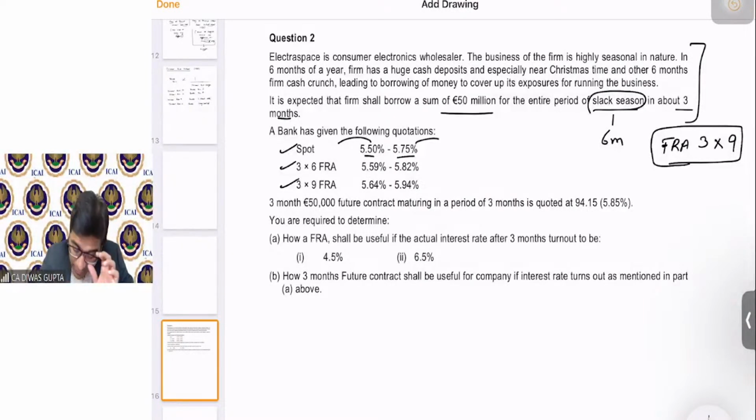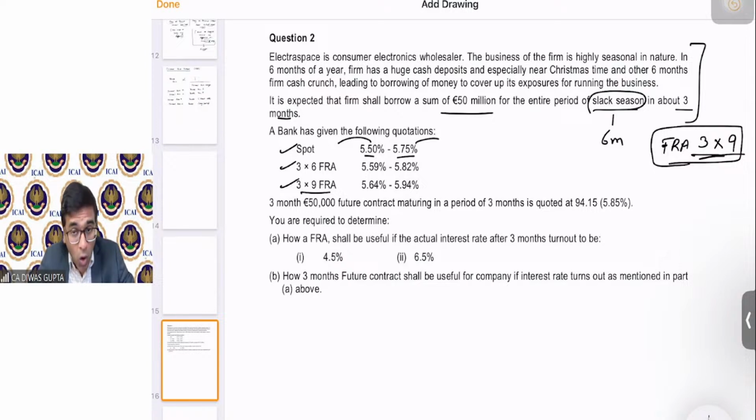Now, here, tell me for this situation, what is the relevant FRA? We have already understood it is 3/9. And in this case, do you have to borrow through FRA or invest through FRA? Or in other words, do I have to take a long position in FRA or a short position in FRA?